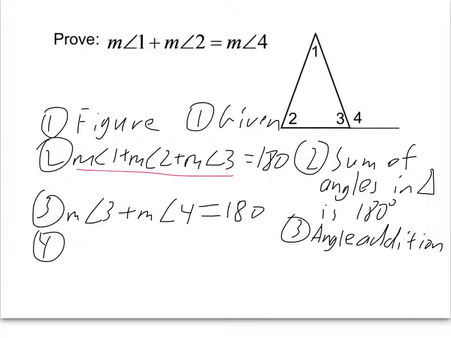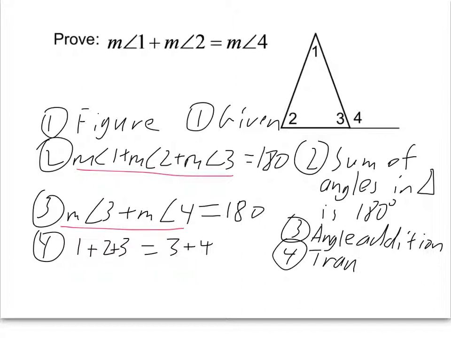And now I've got two different things equal to 180. So this equals 180 and this equals 180, so by the transitive property, I'm going to shorten my writing just to be lazy, but the measure of angle 1 plus the measure of angle 2 plus the measure of angle 3 is equal to the measure of angle 3 plus the measure of angle 4. You shouldn't write it that way, but I am. And that's just transitive or substitution.